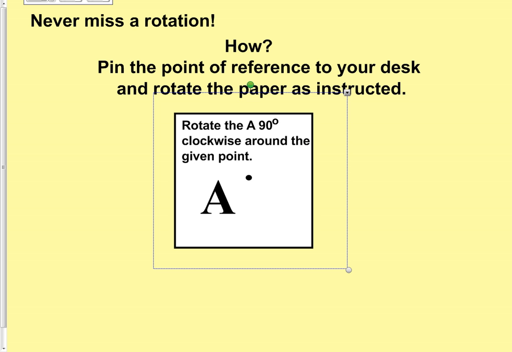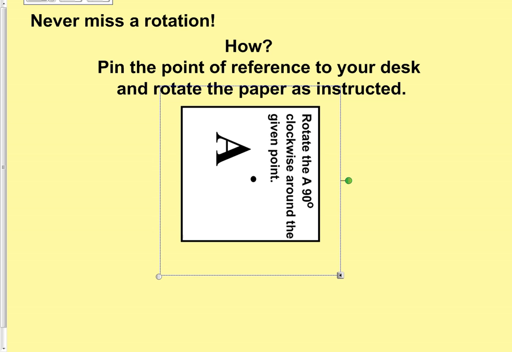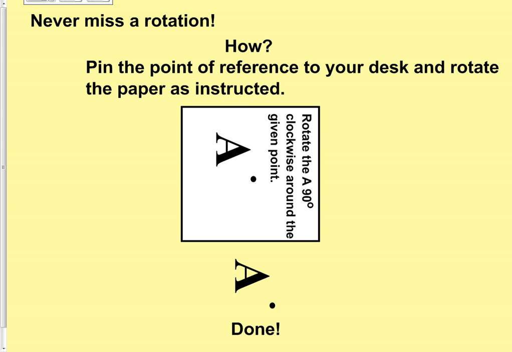Okay, so we're going around to the right side, and if we rotate 90 degrees, which is 1/4 of a circular turn, then basically you are currently looking at what your final product should look like. A capital A with its peak pointing to the right, and then the reference point down below that. So all you have to do is basically recreate exactly what you're looking at this moment, and you have your rotation.